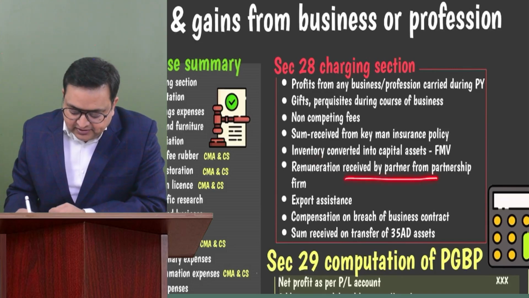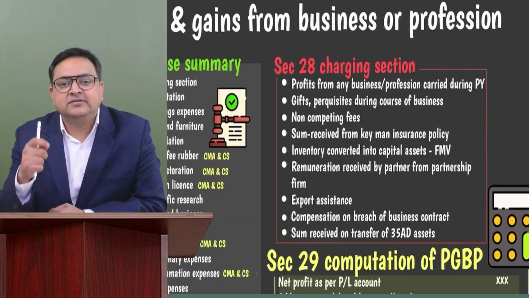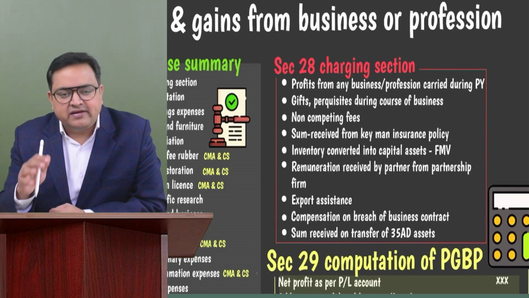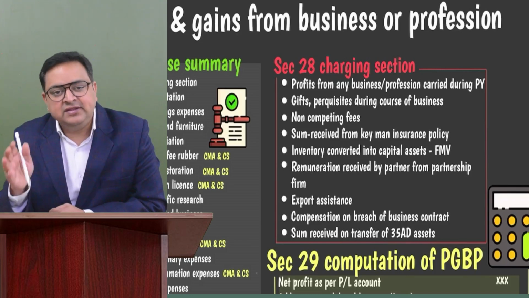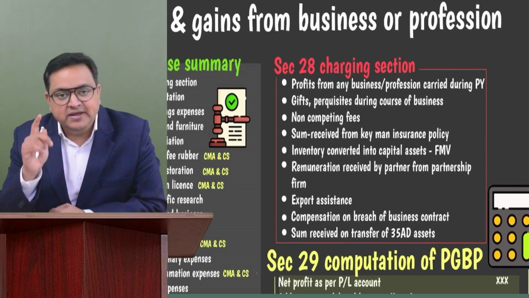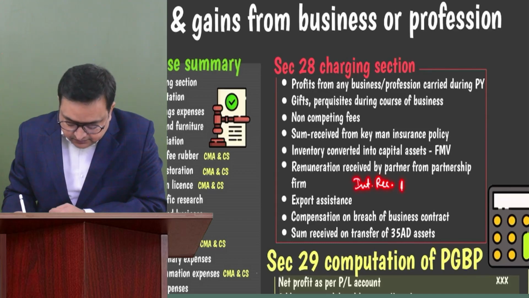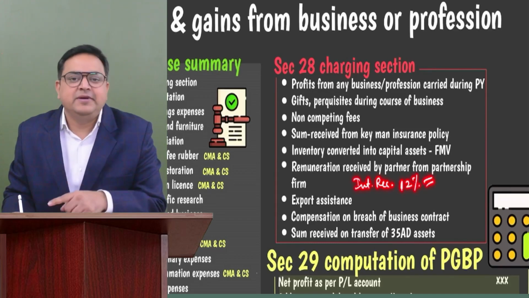Remuneration received by a partner from the partnership firm. If the partner is receiving any remuneration, it could be interest on capital, salary, bonus, commission, etc. If they are receiving it, it will be their PGBP income. But please remember, interest received by a partner from the partnership firm, up to 12% only will be PGBP income.